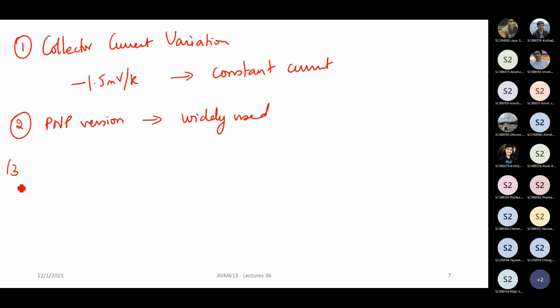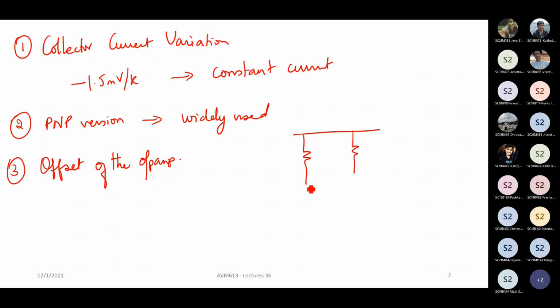Now thirdly, what happens due to the offset of the op amp? Suppose in this particular case you have these two resistors, and let us say you have the diode.